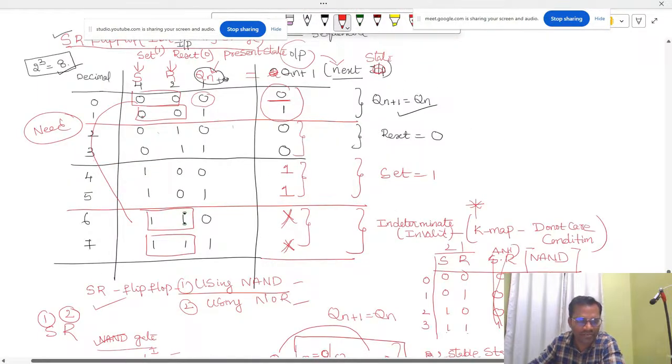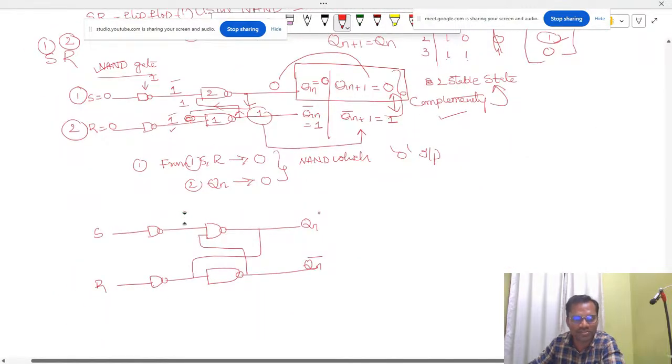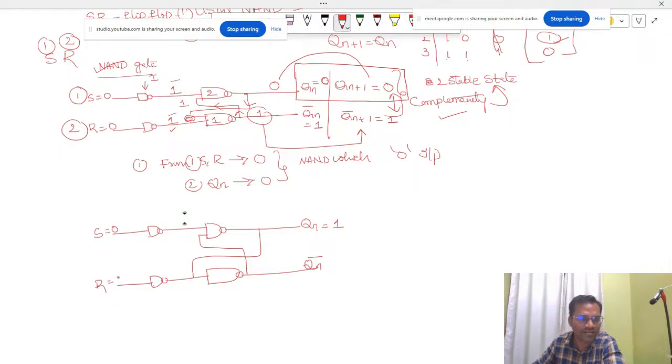Previously we took S equal to 0, R equal to 0, and Qn equal to how much? 0. Now we will take S equal to 0, R equal to 0, Qn is how much? 1. So Qn value is how much now? 1. What is the value of S? 0. What is the value of R? 0. Now let's try to implement. Here what we have given? 0. What is the output of an inverter? 1.